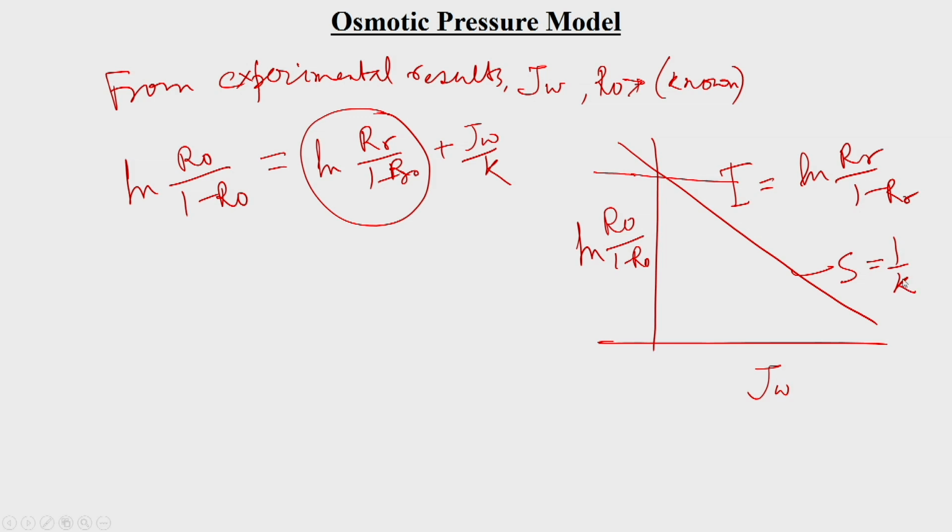So we will be getting this intercept and slope, and from there we will get the real retention value and the mass transfer coefficient. The inverse of the slope will give the mass transfer coefficient value.